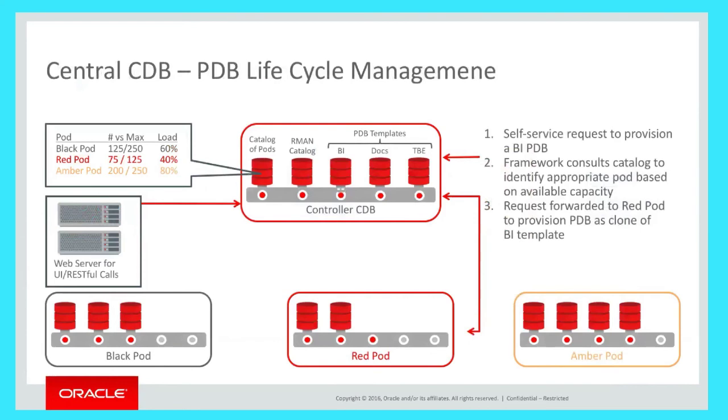And we will invoke a clone operation off of the controller CDB to provision that PDB in the container database, the pod, which best suits the provisioning request made. So in this case, it's a red pod. We keep the metrics in terms of utilization patterns or limits, and we may have multiple red pods. So we provision that red PDB in the red pod that is least used.